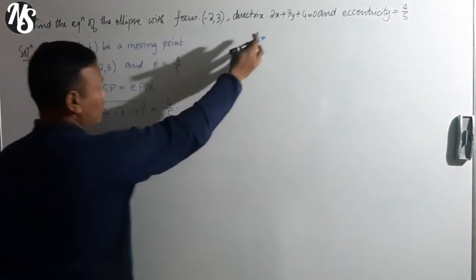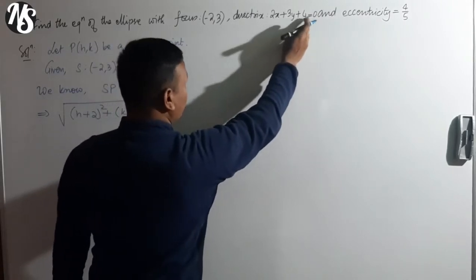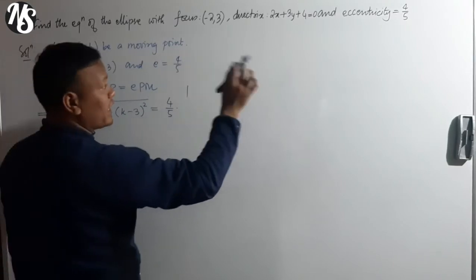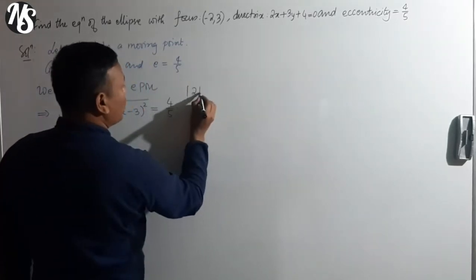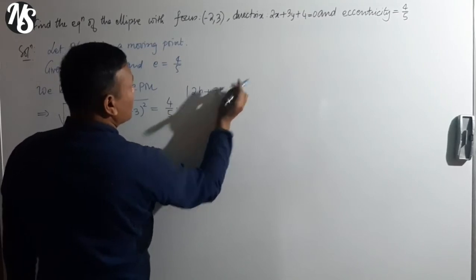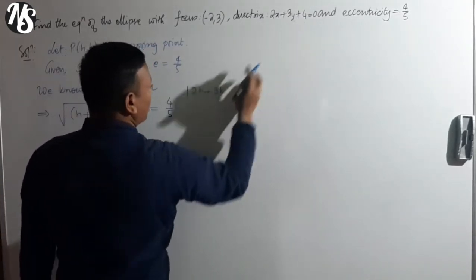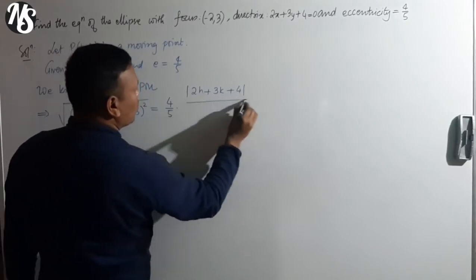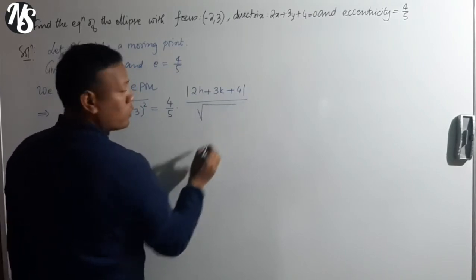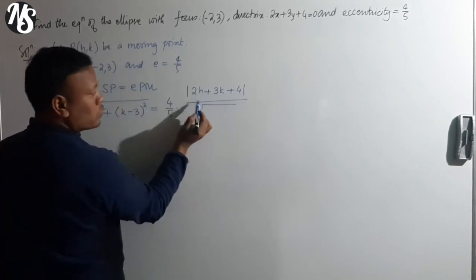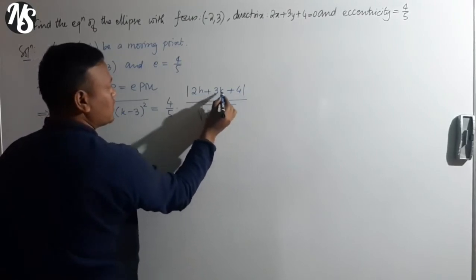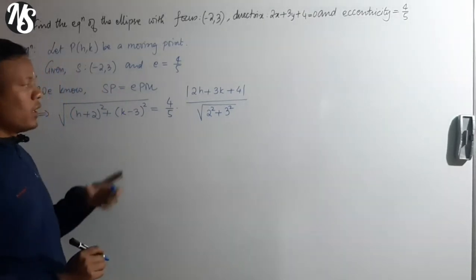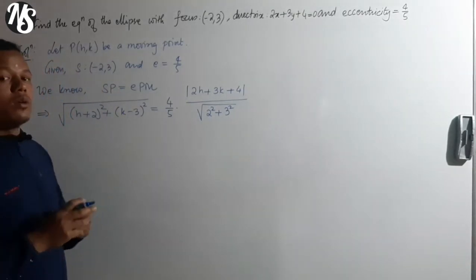The directrix here is 2x + 3y + 4 = 0. So the perpendicular distance of (h, k) to this line will be given by: instead of x I write h, instead of y I write k, so modulus of (2h + 3k + 4) divided by the square root of 2 square plus 3 square. After that, you square on both sides, isn't it?